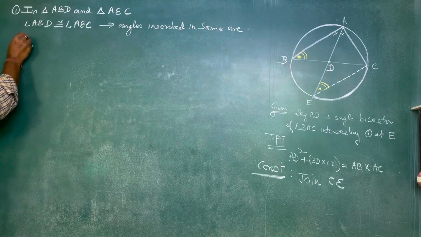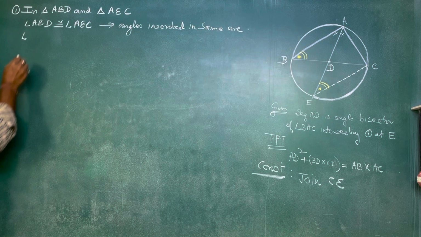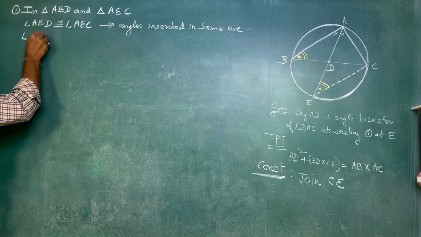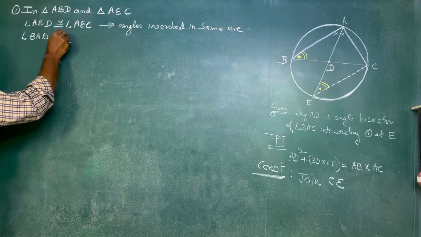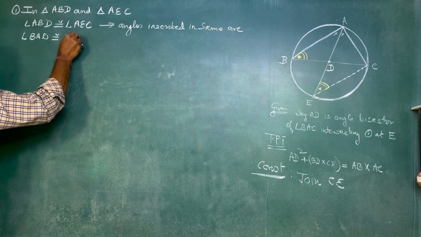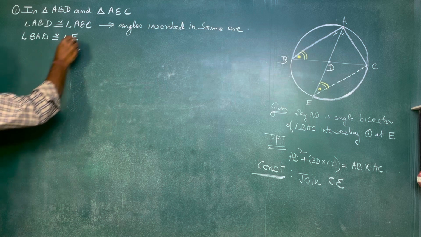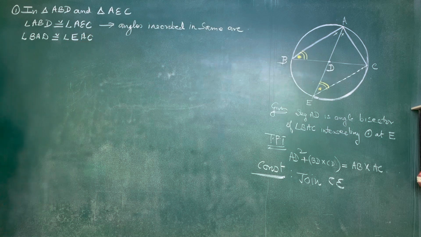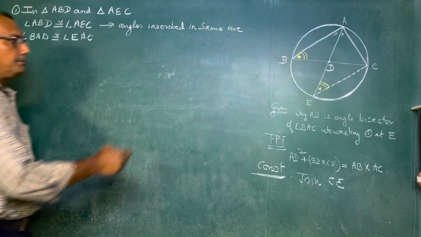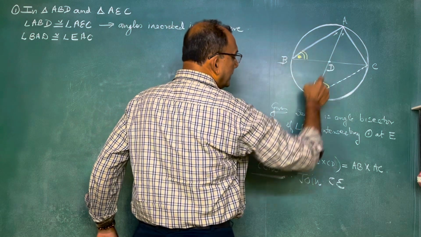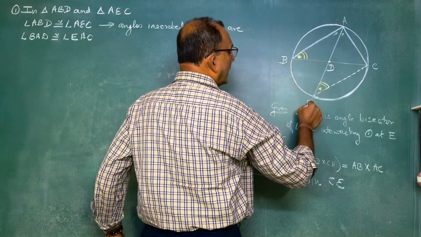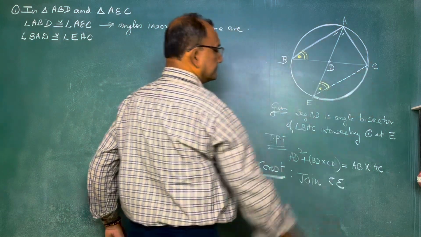Next, angle BAD is congruent to angle EAC. Angle BAD is congruent to angle EAC.